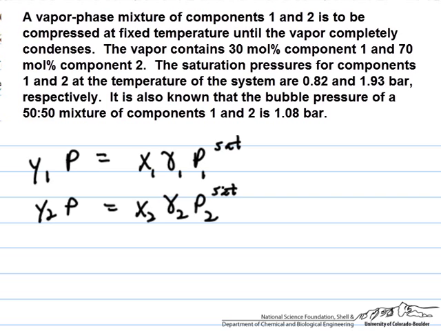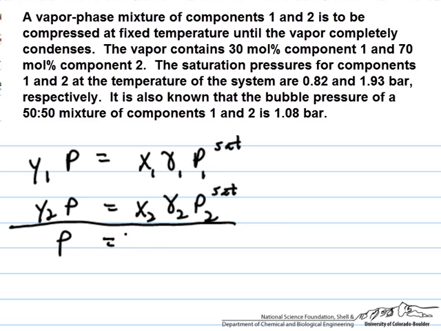And one thing that's convenient to do, since we actually are given a data point, so we're given for a 50-50 mixture what the total pressure in the system is, which suggests that it might be convenient to actually sum this up to remove one variable, which is the vapor phase mole fractions.